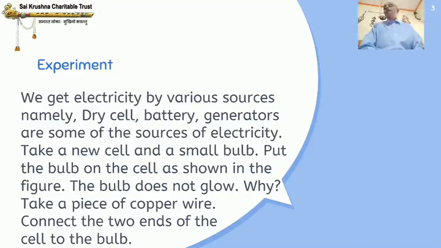What do we mean by sources of electricity? Sources are the ones from which electricity can be generated or produced. So, we get electricity from various sources, namely dry cells, batteries, generators.